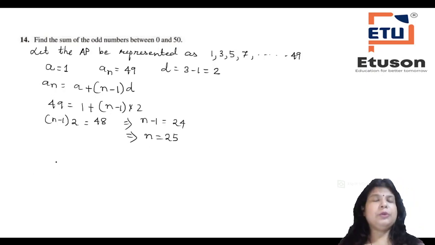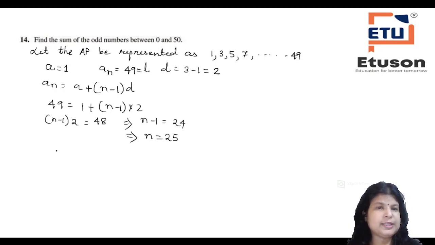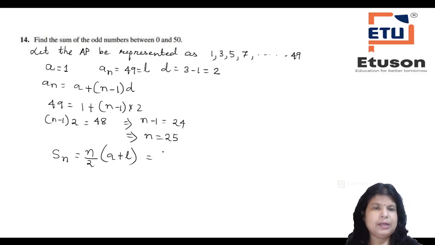Right? So now you need to find out the summation of the numbers from 1 to 49. Because you have the first term and last term of the AP, your formula becomes easier. So the summation of n terms is equal to n by 2 into first term plus last term, right? So that is equal to 25 divided by 2.